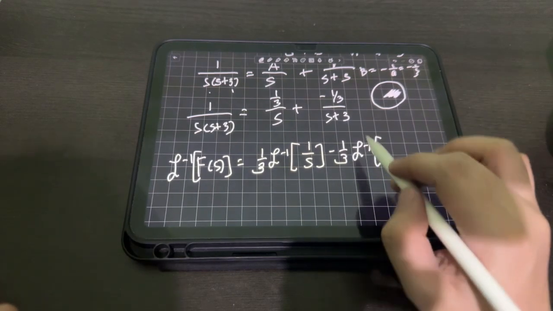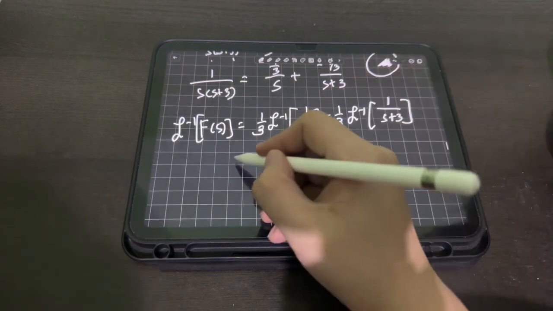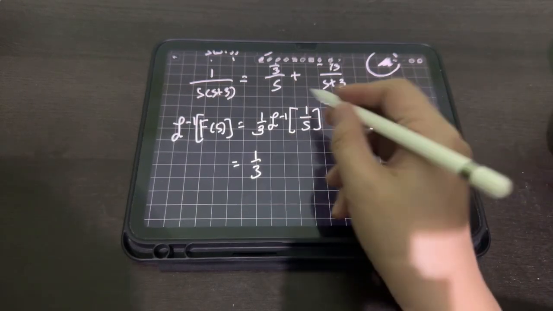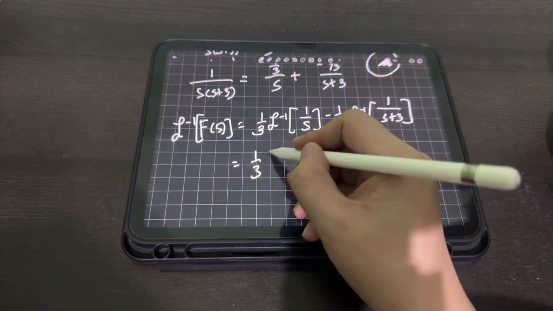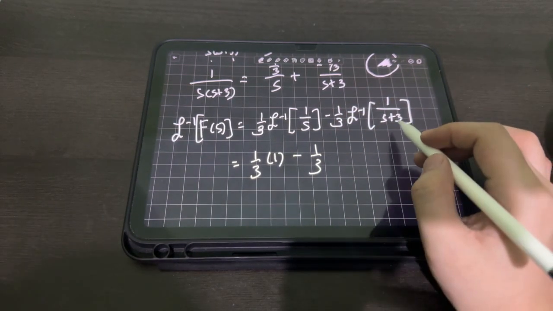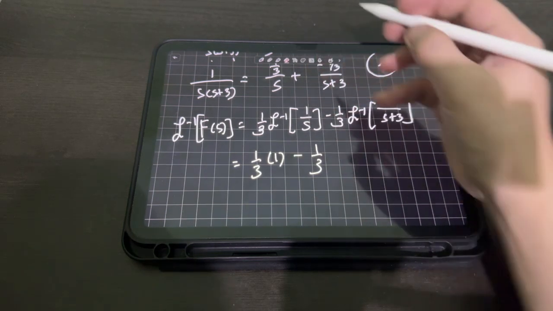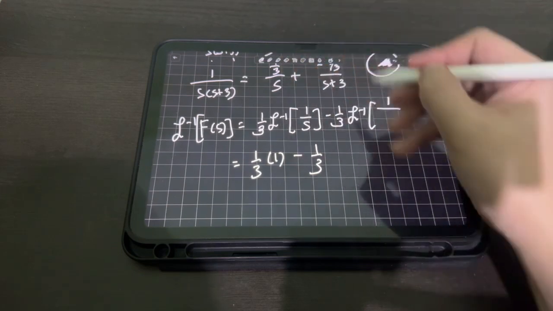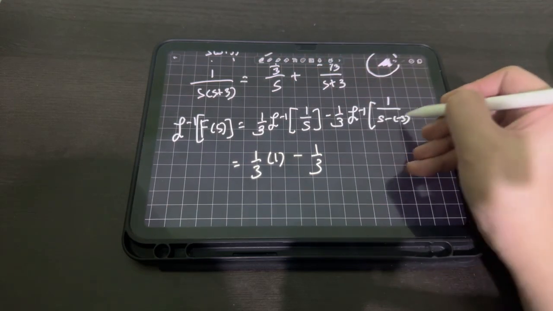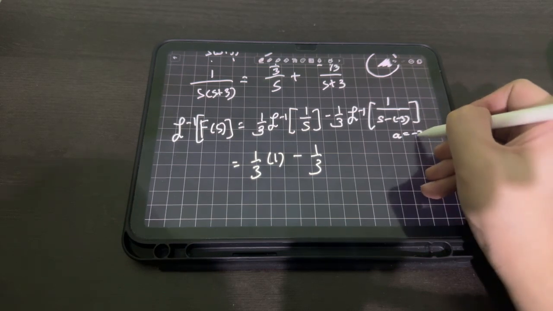So you have negative 1/3 inverse Laplace transform of 1 over s plus 3. The inverse Laplace transform of 1 over s, again, that's 1, minus 1/3 inverse Laplace transform of 1 over s plus 3. You can rewrite this as s minus negative 3, right? So that the value of a is negative 3.